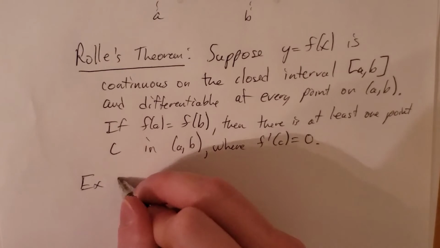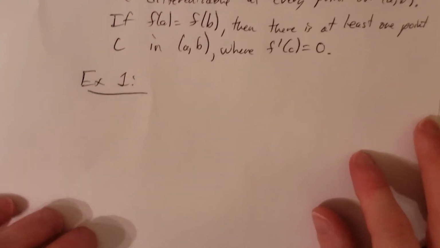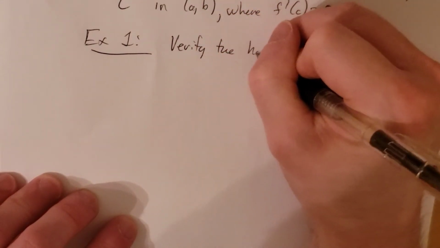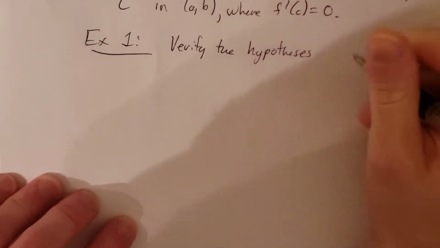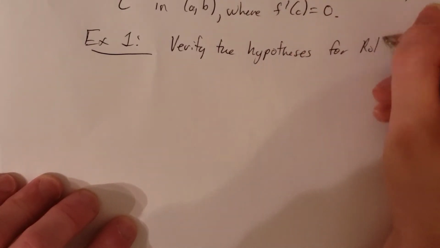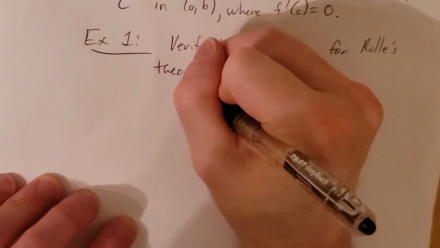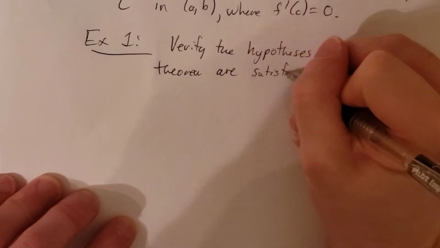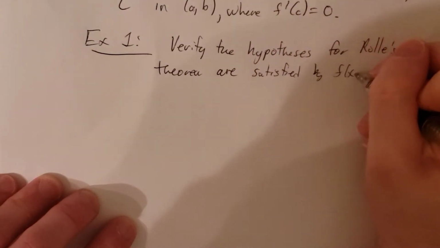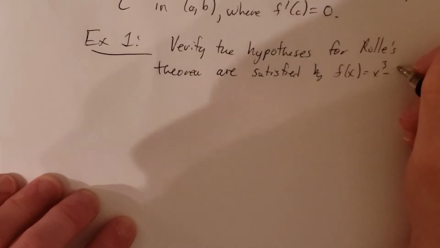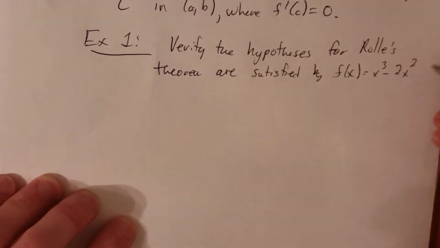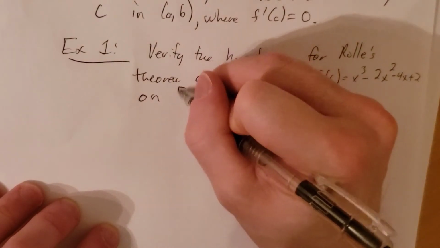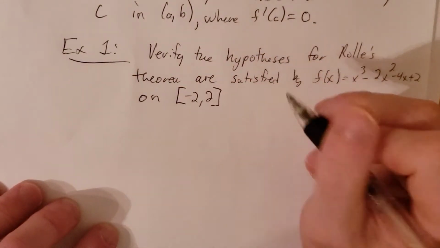So we're going to do an example here. Example 1 says that we want to verify the hypotheses for Rolle's theorem are satisfied by f of x equal to x cubed minus 2x squared minus 4x plus 2 on the interval -2 to +2, on this closed interval.